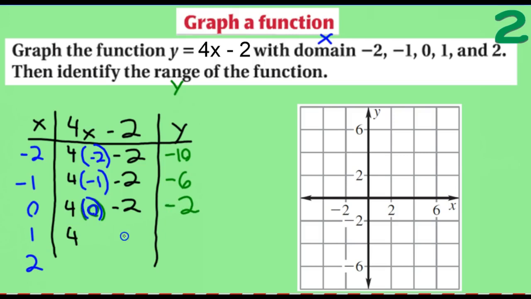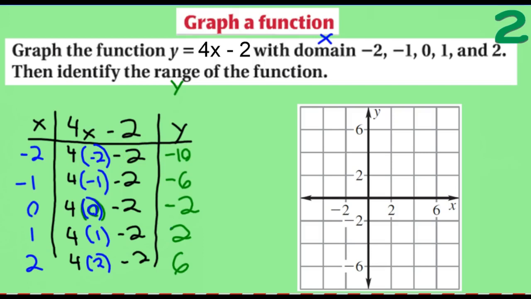And we have 4 times 1 minus 2, and 4 times 2 minus 2. 4 times 1 is 4, minus 2 is 2. 4 times 2 is 8, minus 2 is 6. So we got to plot these points then.